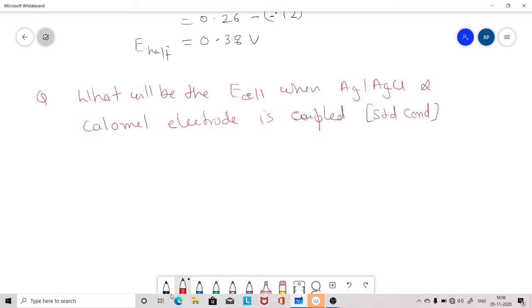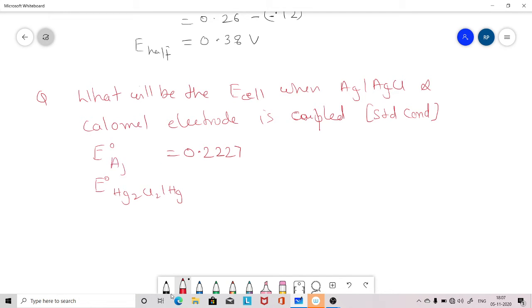So this E naught of AgCl value is 0.2227. Okay, and E naught of Hg2Cl2 to Hg. Sorry, I should write it in the reverse order.